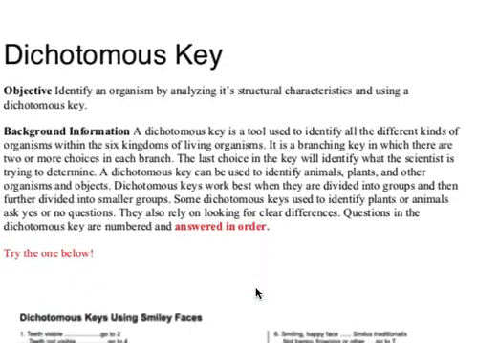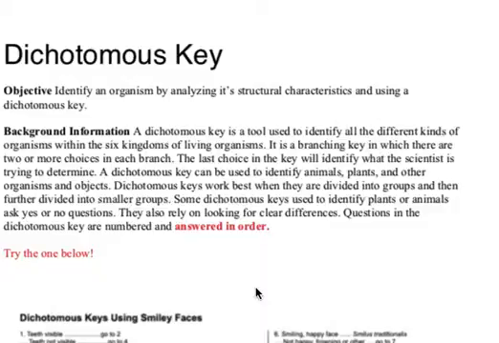Dichotomous keys. Dichotomous keys are ways to identify an organism by looking at its structural characteristics and using that key. So a little bit about the background information. A dichotomous key is a tool used to identify all the different kinds of organisms within the kingdoms of living things. It is a branching key in which there are always 2 or more choices in each branch.